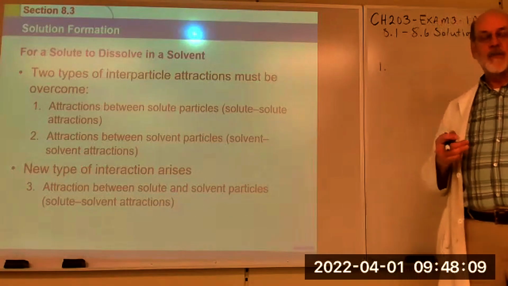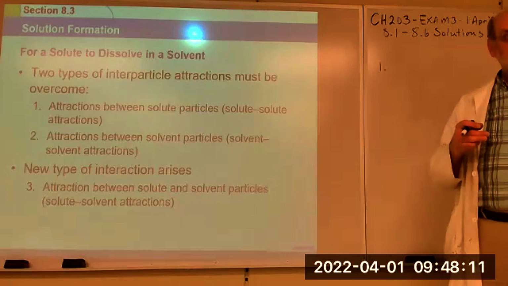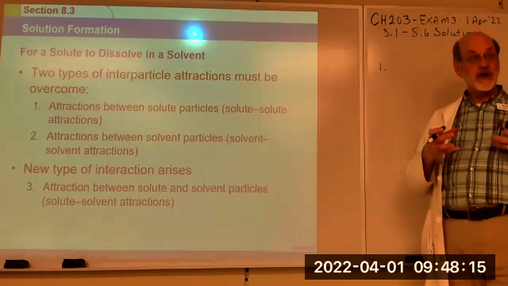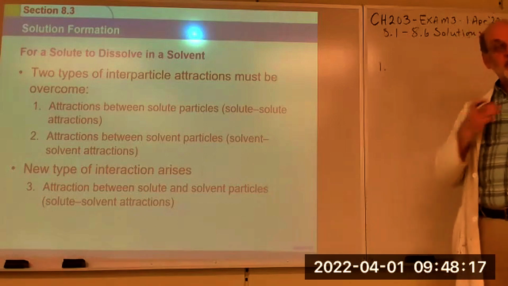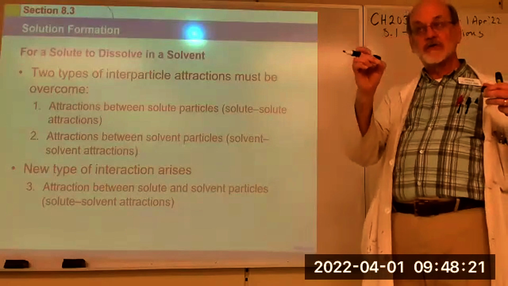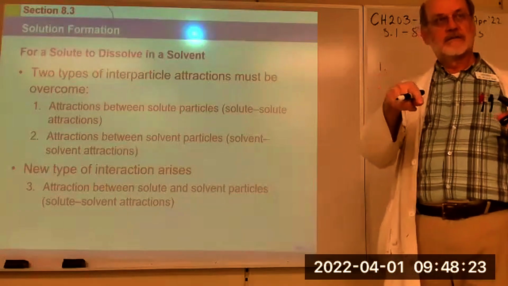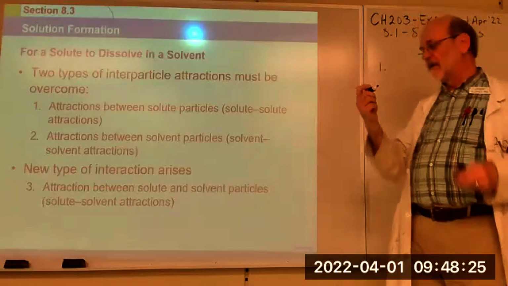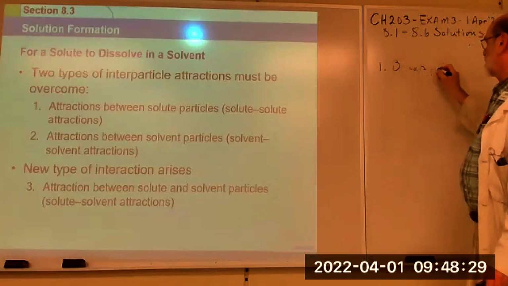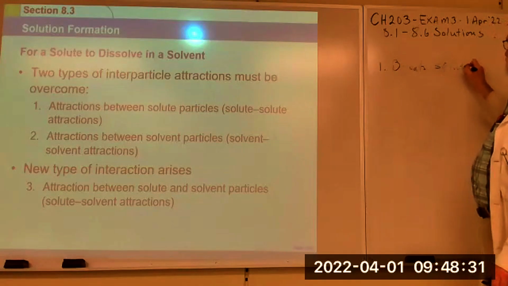And if there's almost no attraction, it'll be a gas. But there's still some interaction, some attraction, some forces that have to be overcome. Because remember, a solution has individual particles of the solute in the solvent. Right? You got to get them apart. So here we have to break the solute bonds.